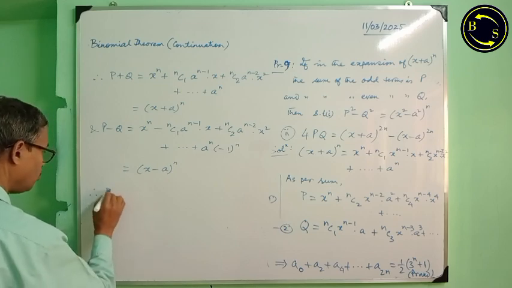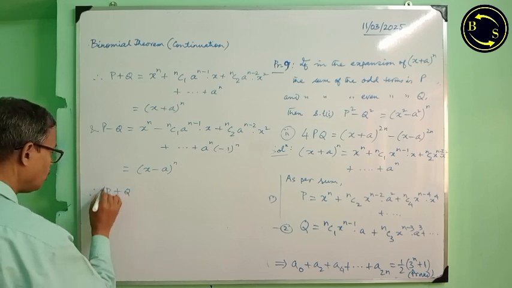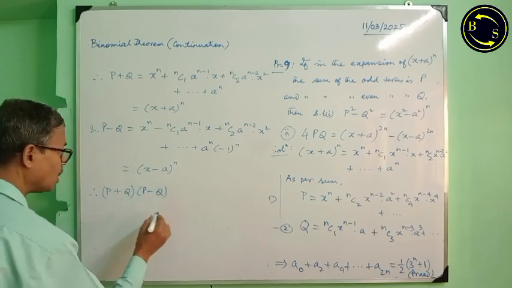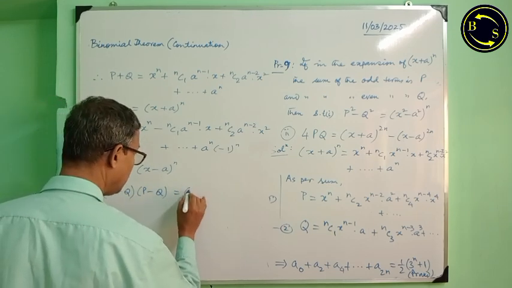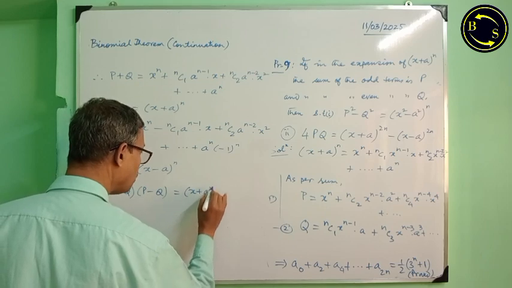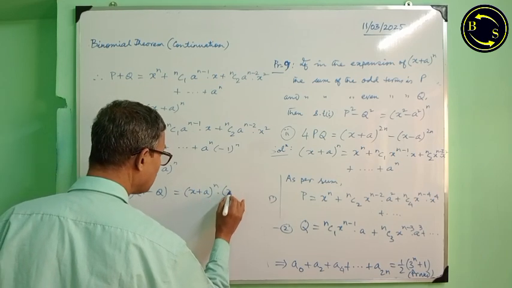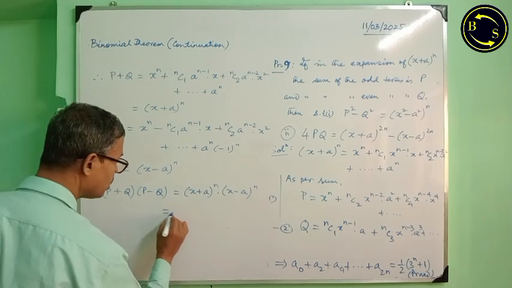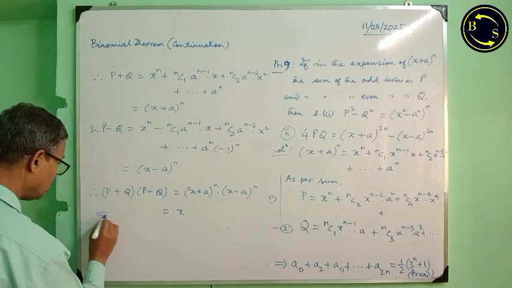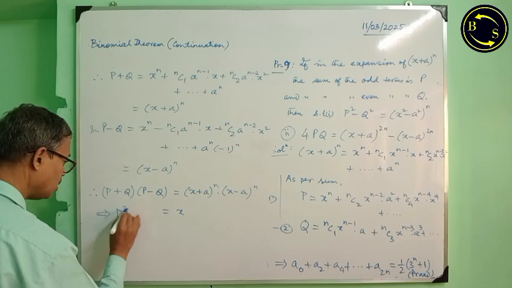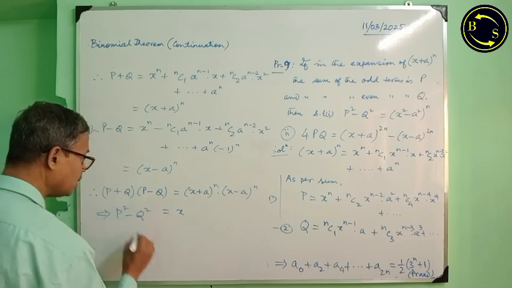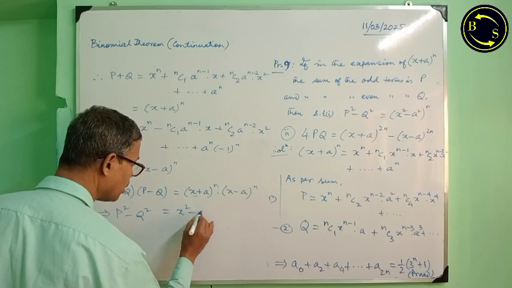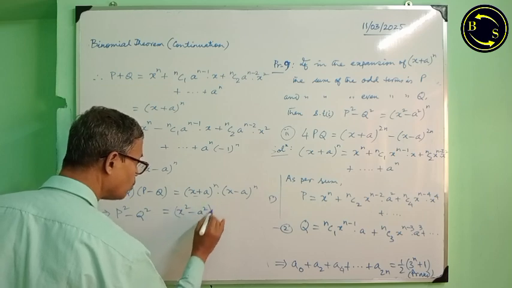Therefore p plus q into p minus q will be equal to (x plus a) whole to the power n into (x minus a) whole to the power n. That means left hand side p square minus q square is equal to (x plus a) into (x minus a), x square minus a square whole to the power n.